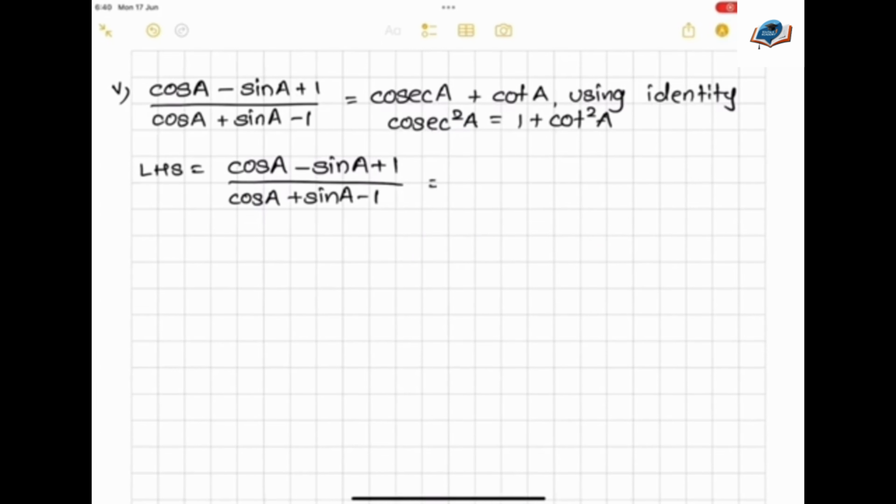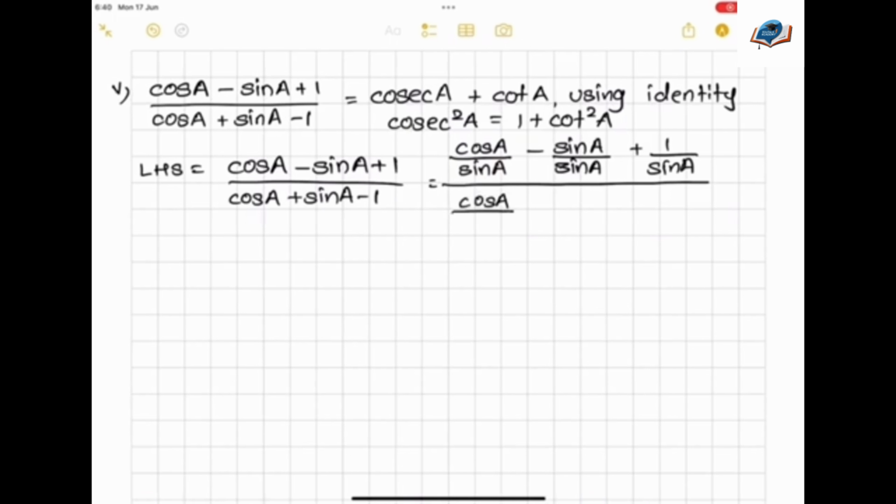Now I am dividing both with sin A, numerator. So cos A upon sin A minus sin A upon sin A plus 1 upon sin A, whole upon cos A upon sin A plus sin A upon sin A minus 1 upon sin A.